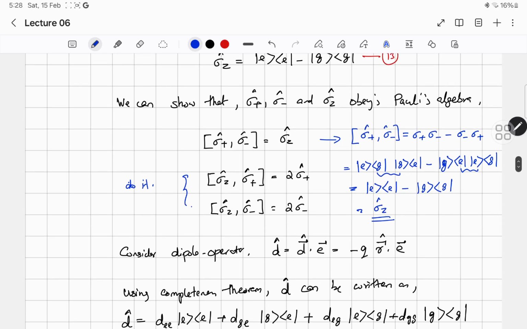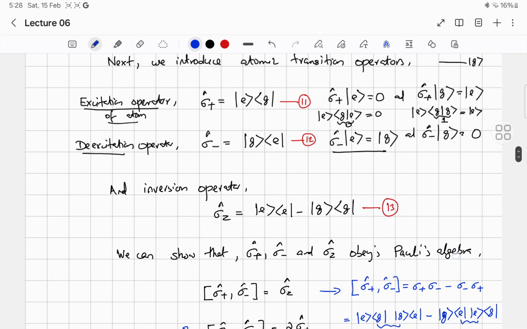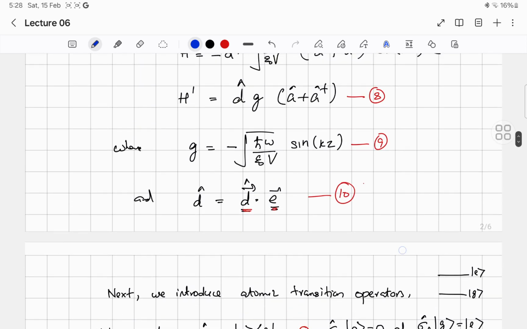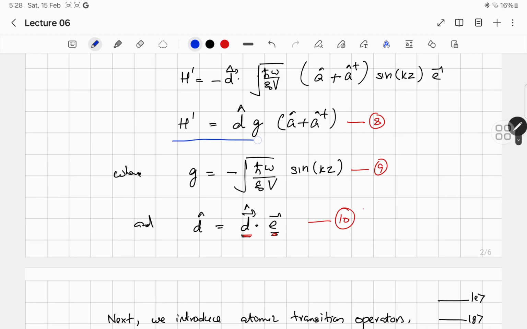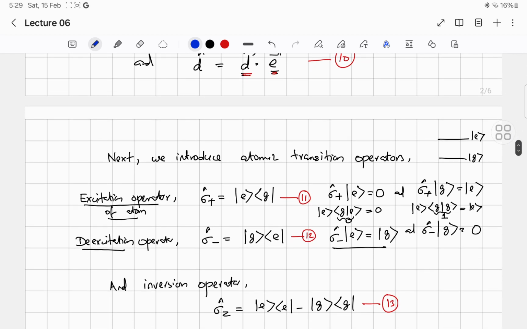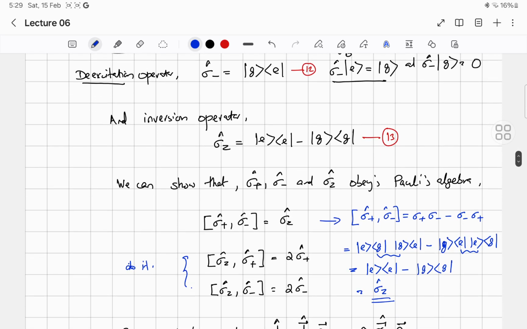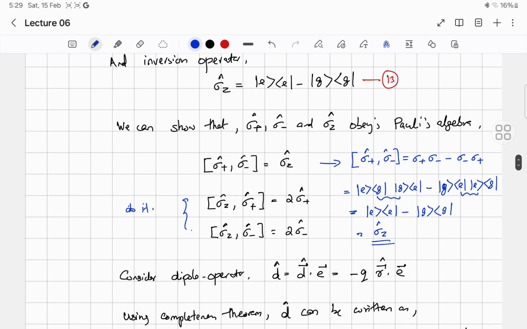Now, remember our aim is to change the expression for H prime. I want to rewrite H prime in terms of the annihilation and creation operators, or the excitation and de-excitation operators. Now how can you represent an operator in terms of a basis?